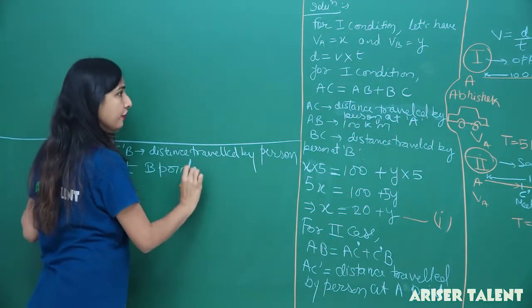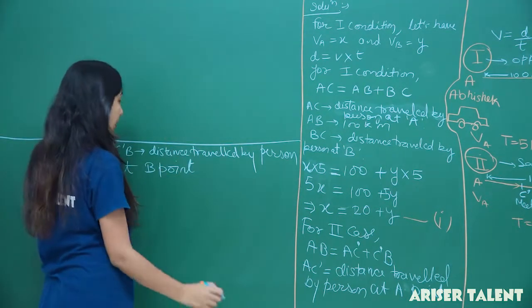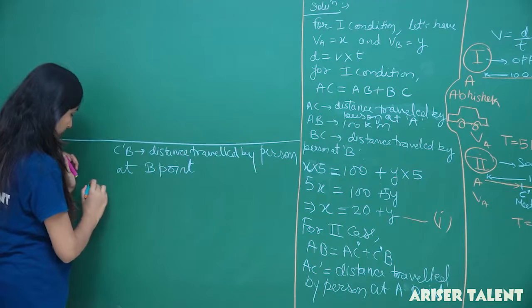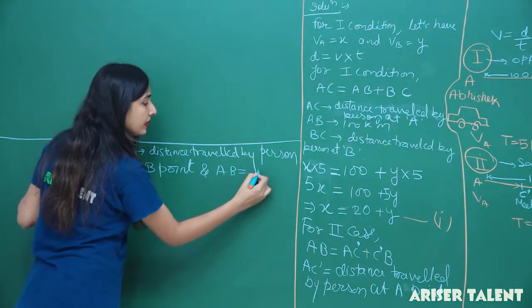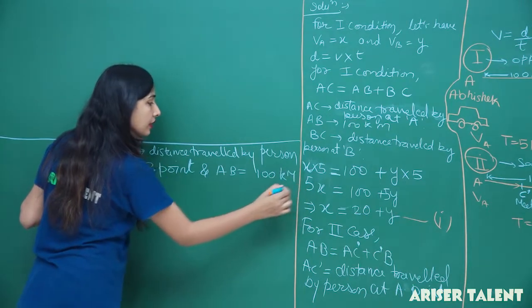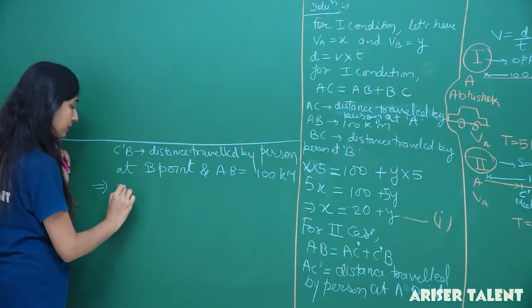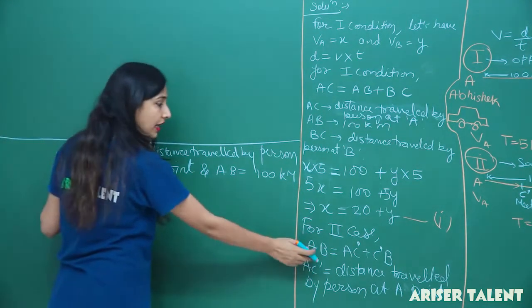In our case, that is Aditya. Now, again, AB equals 100 kilometers, that is given to you. This implies that AB equals 100. I am putting the value in this.